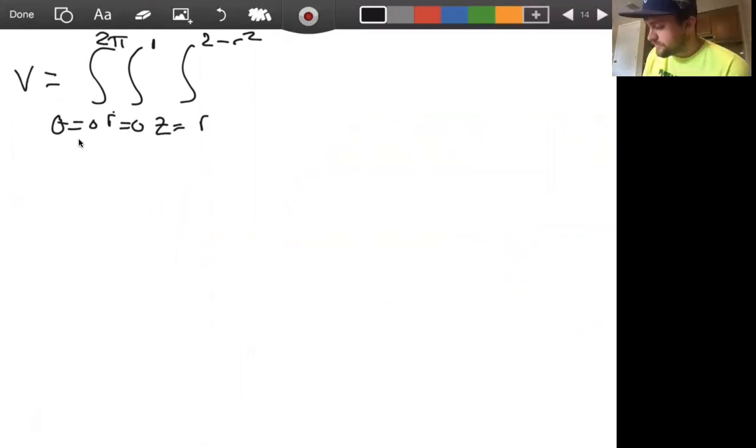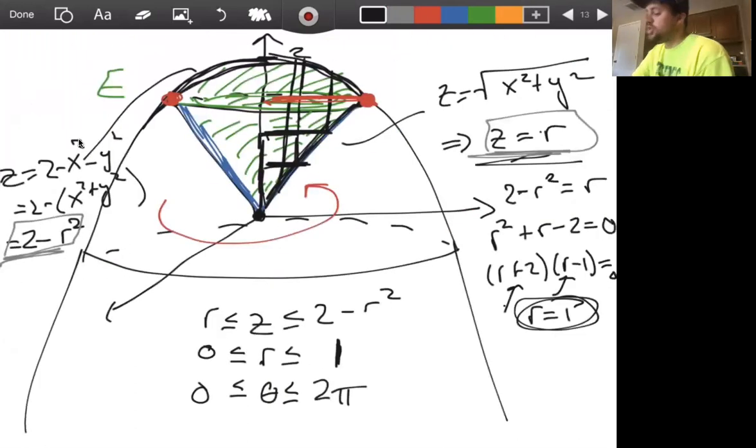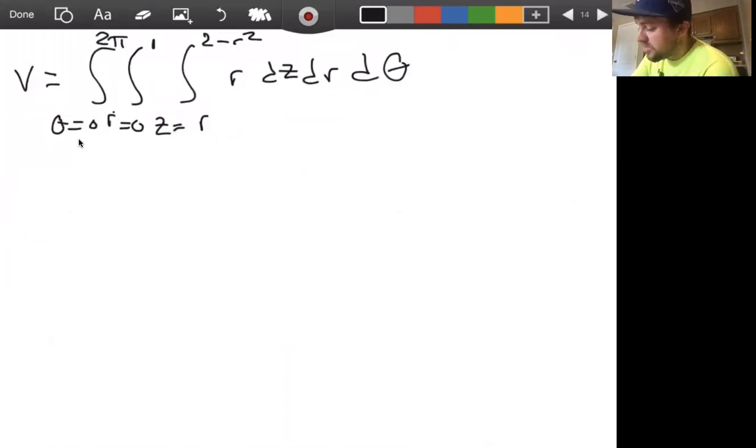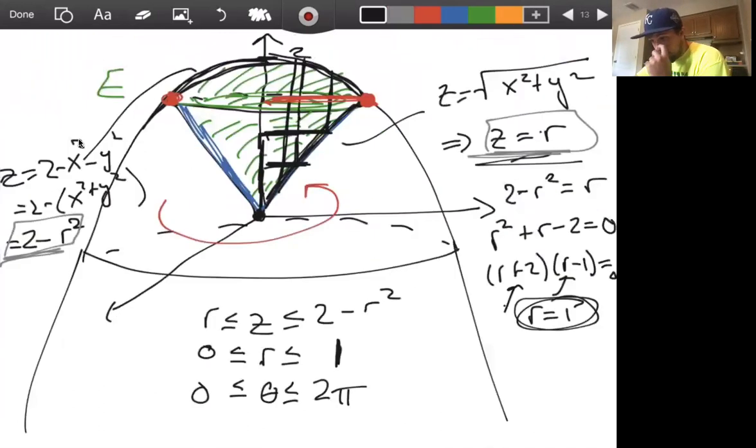And so this is r dz dr d theta. So that was part A, right? And now we want to change this order of integration so that we're integrating in the order, what was B? Let's see here, dr dz d theta.